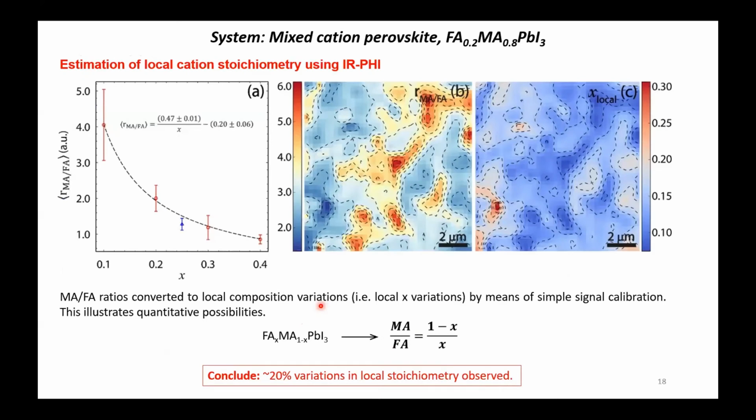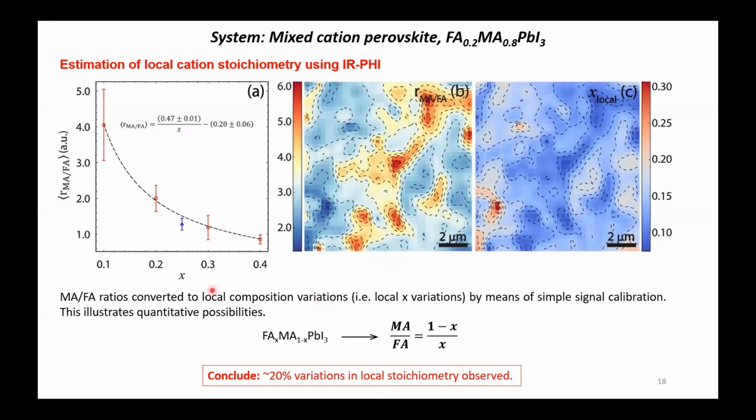What I didn't mention is that the technique itself reports almost directly on infrared absorption, but it doesn't tell you exactly how much infrared absorption there was. You can do it in a relative way, but it's not quantitative on its own.